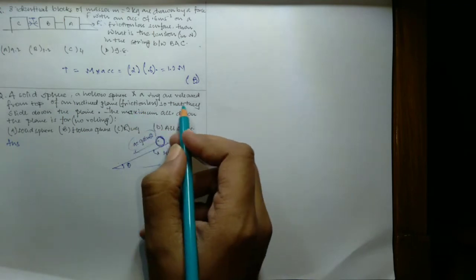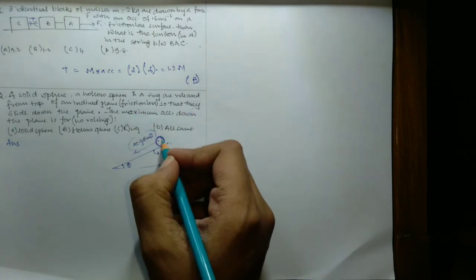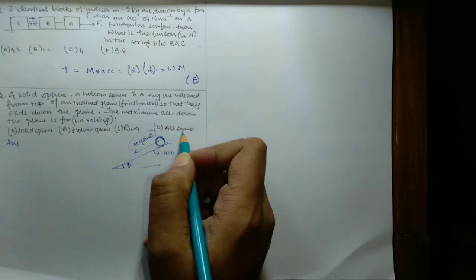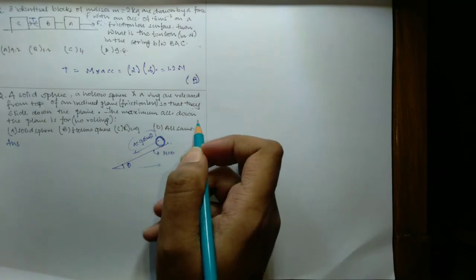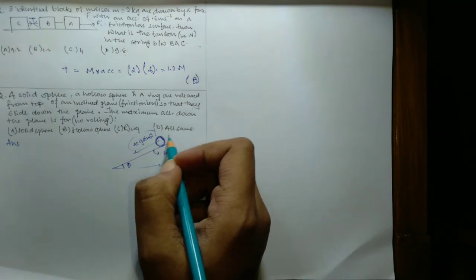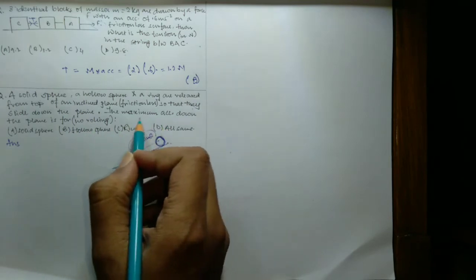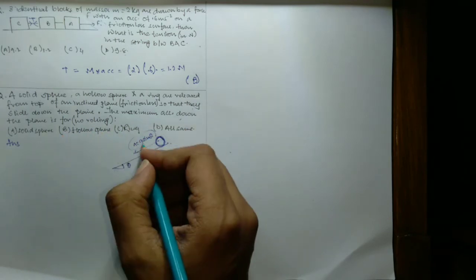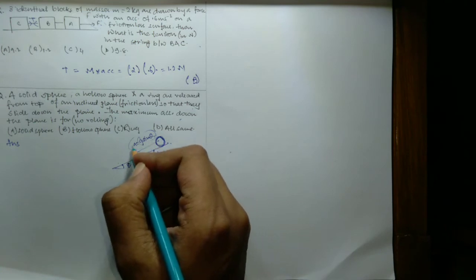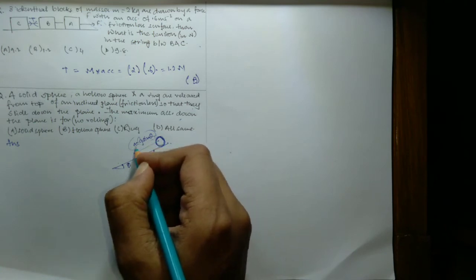Now the acceleration for all of the bodies will be the same, because there is no friction acting, so there is no rolling kinetic energy or anything like that. So the maximum acceleration down the plane does not depend on the mass or the moment of inertia or anything like that.